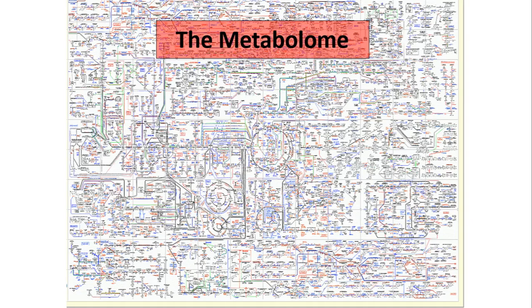Similarly, we have the term metabolome. By this term, we refer to the entire metabolic content of an organism. Whatever metabolic pathways are present in that organism, we call it its metabolome.